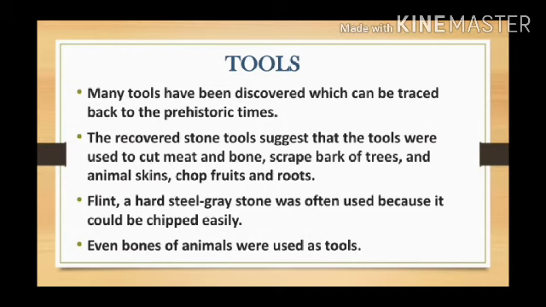But once people discovered that it can be helpful, they began to sharpen stones of different shapes and sizes to make more useful tools. Flint, a hard steel grey stone, was often used because it could be chipped easily. Even bones of animals were used as tools.